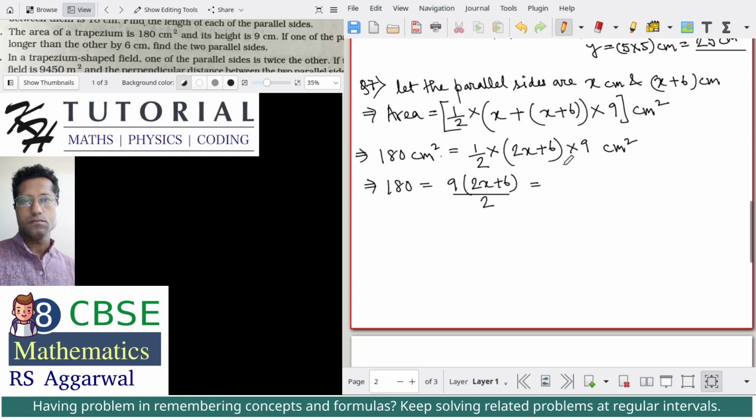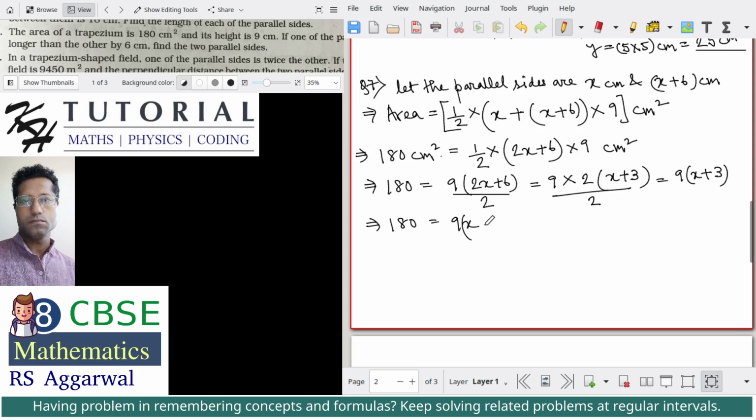On simplifying the right hand side, we can cancel out 2. So in 2x plus 6 we can factor out 2, and we have x plus 3 divided by 2 times 2. This is equal to 9 into x plus 3. So we have a linear equation in x. We can easily solve for x.